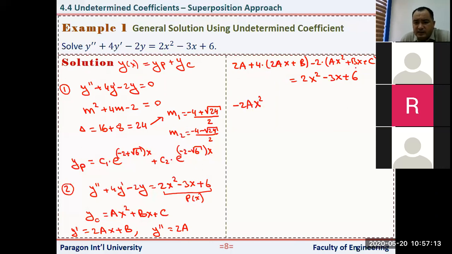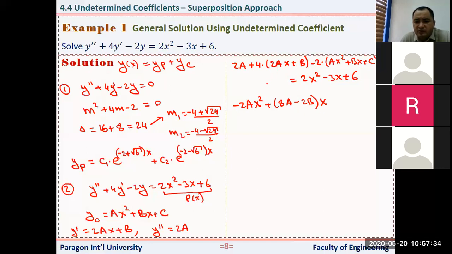And how about x? Here I have x, here I have x, so here we have 4 times 2A, which is 8A, plus 8A, and here we have negative 2 times B, minus 2B, and the x. All the terms which have x are here.